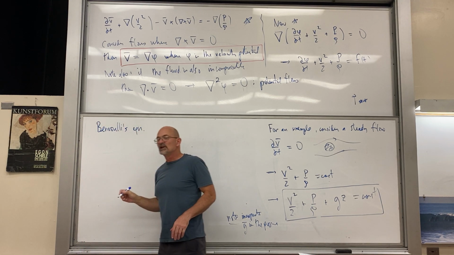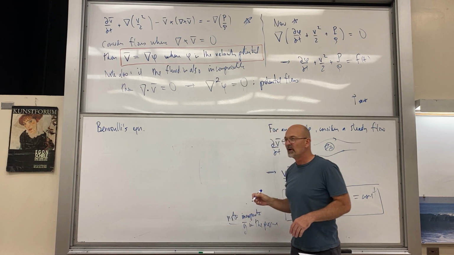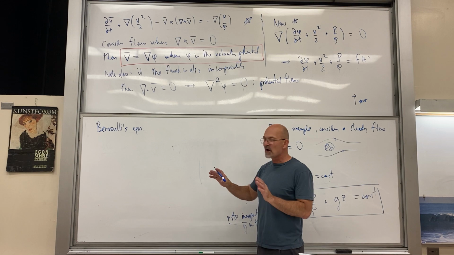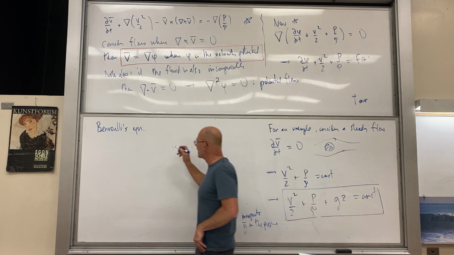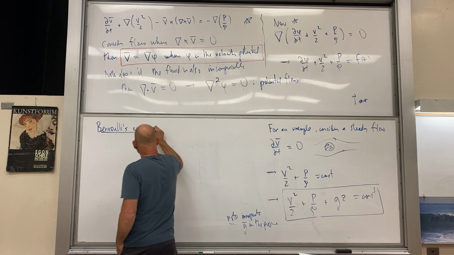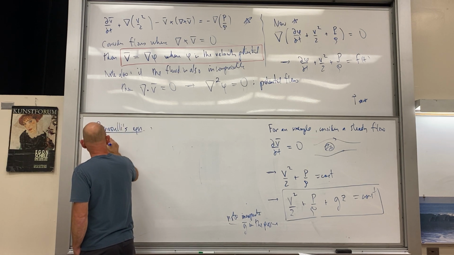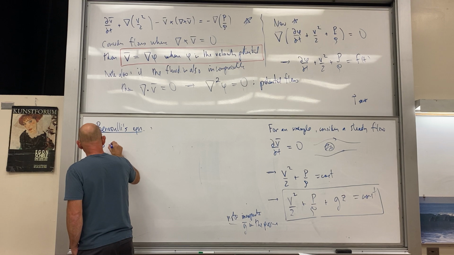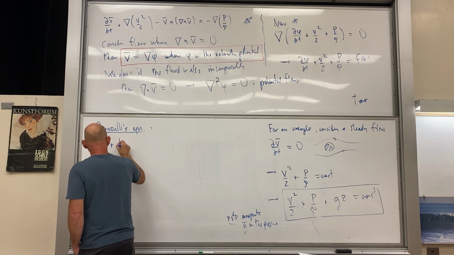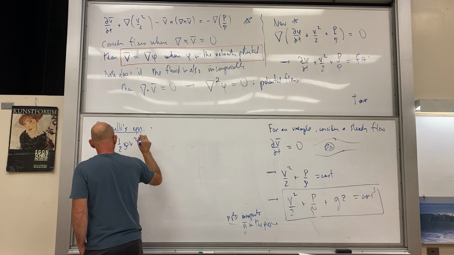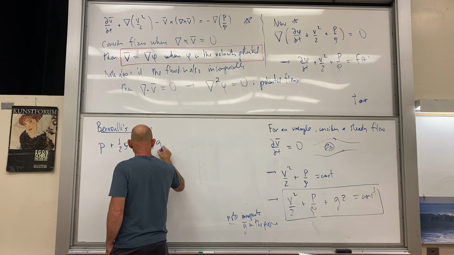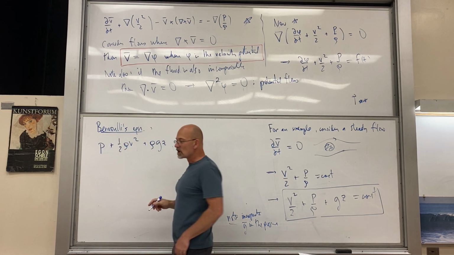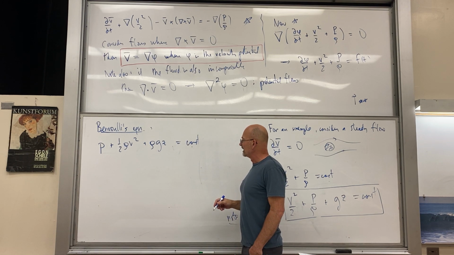This is something you should look up in your undergrad lower division textbook in the fluid mechanics chapter. There's always a nice little section on Bernoulli's equation and its applications. You'll typically see it in this form: P plus 1/2 rho V squared plus rho GZ is equal to a constant along a streamline.